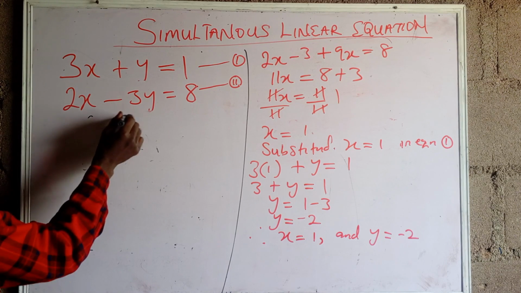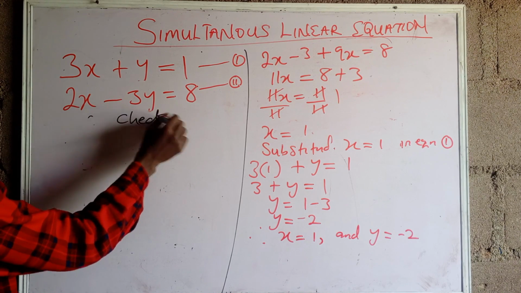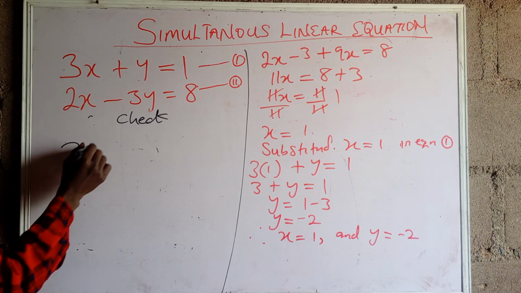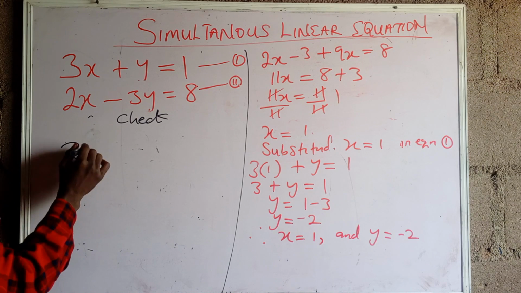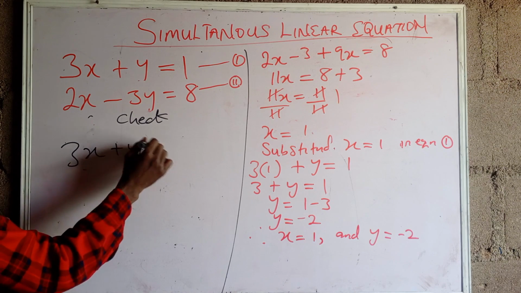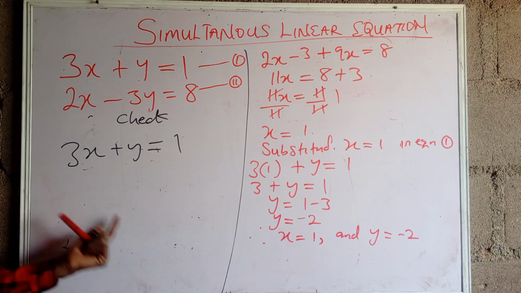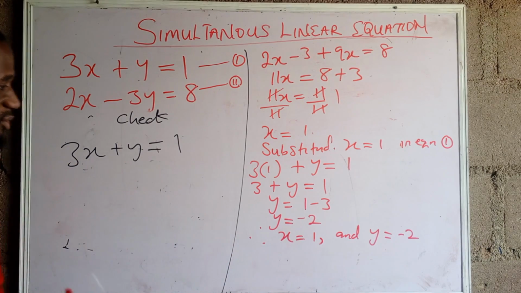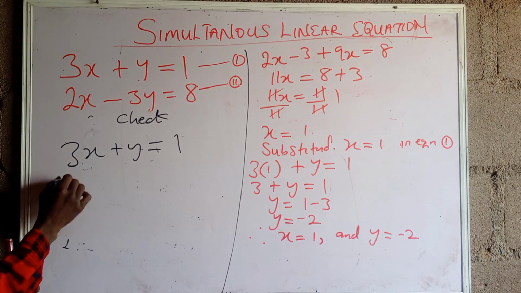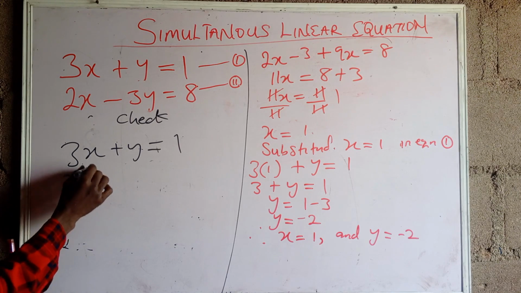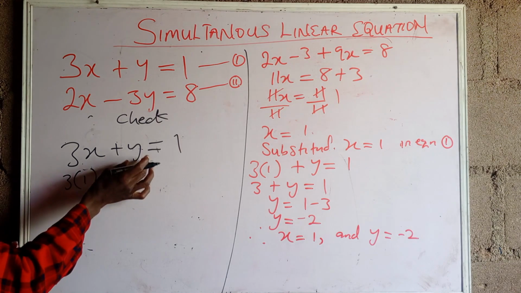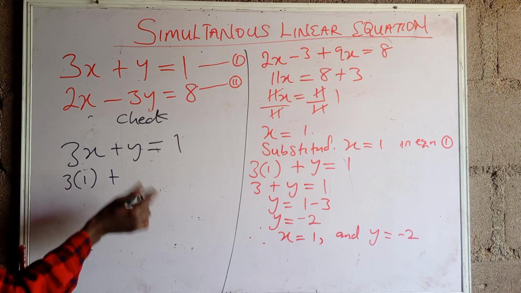Okay, let's check by saying we have 3x plus y is equals to 1. Let's substitute the values of x as 1 and y as minus 2. If you have 3 into 1 plus y, the value of y here is minus 2.